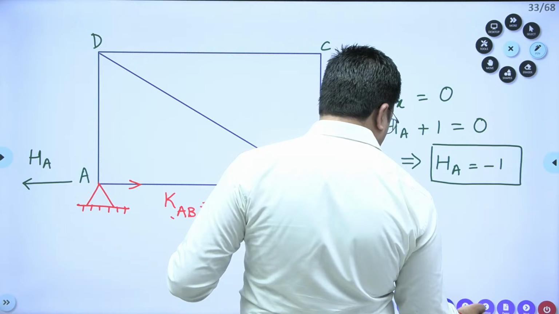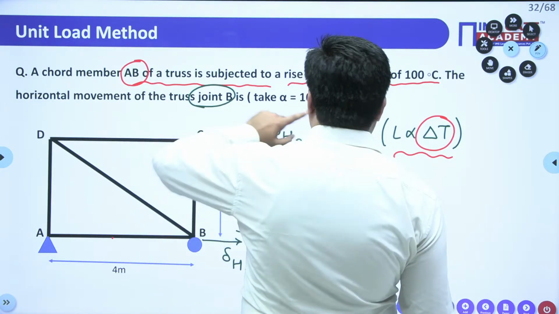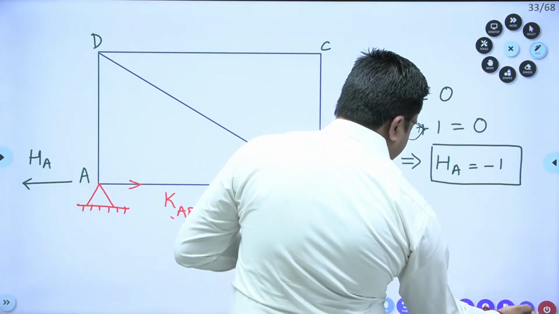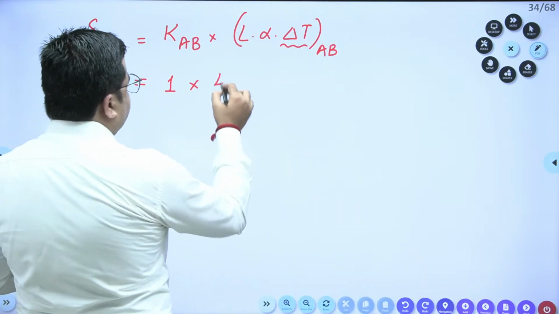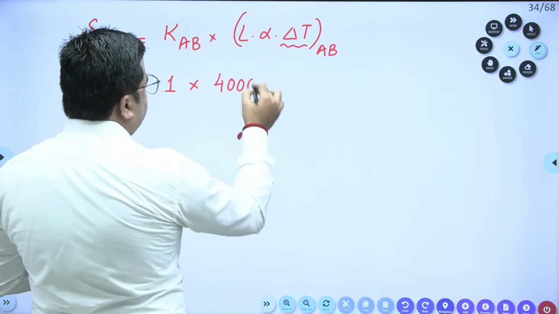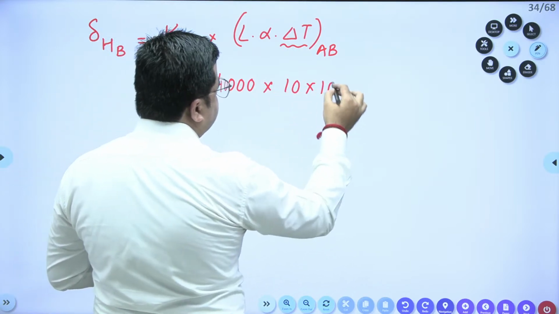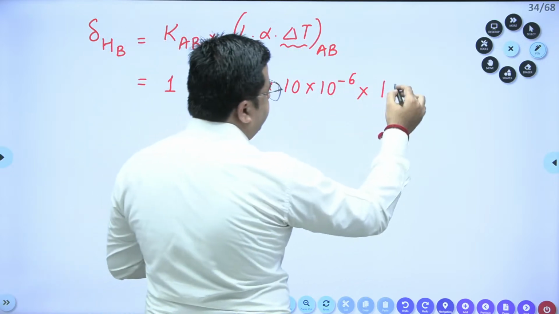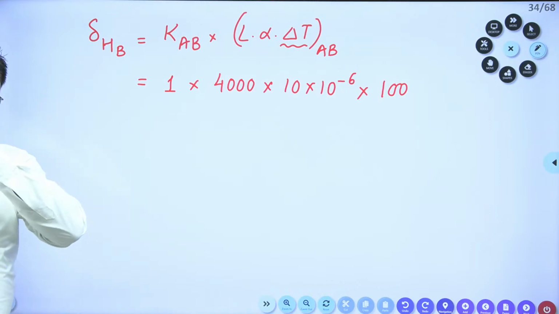I'll write it in mm, so this is 4000. Alpha is 10 into 10 raised to power minus 6, multiplied by delta T, that is 100 degrees Celsius. Quickly get me the value of horizontal deflection at B.